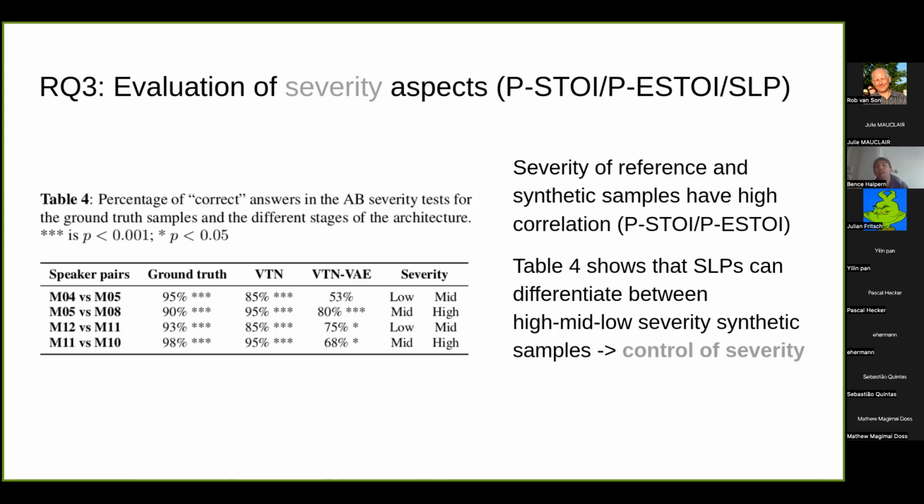And in that setup, we have also seen that the SLPs could differentiate between the low severity and mid severity, and the mid severity and high severity samples, almost always above the chance level. So in short, that shows that the architecture could achieve a good control of the severity aspects of speech, in our opinion.